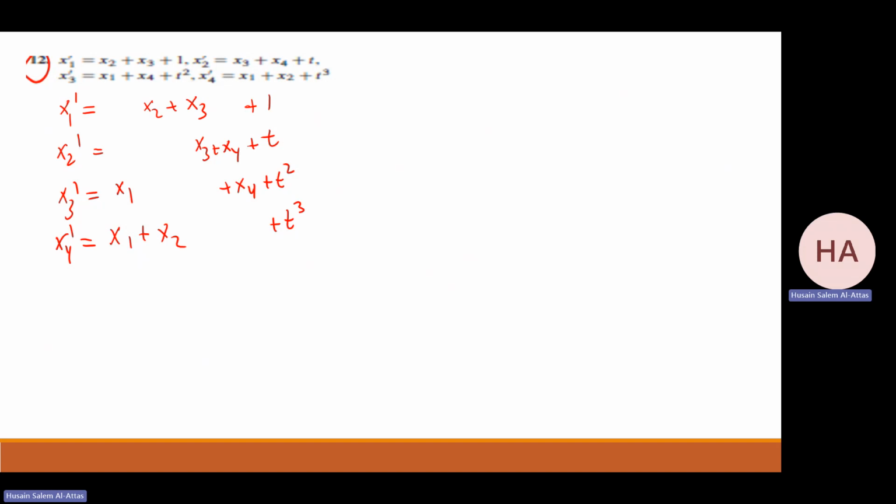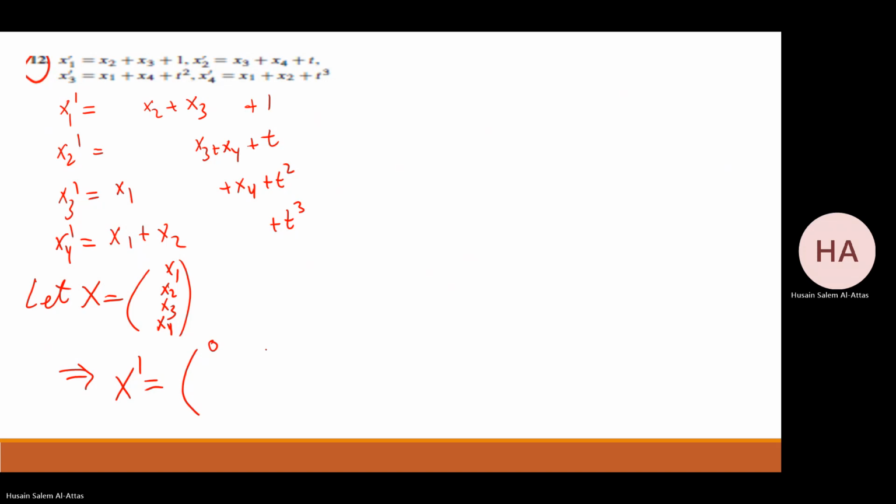Now I let capital X to be x1, x2, x3, x4. So it will be the system x prime equals what? That will be 0, 1, 1, 0. This is times x. I have 0, 0.